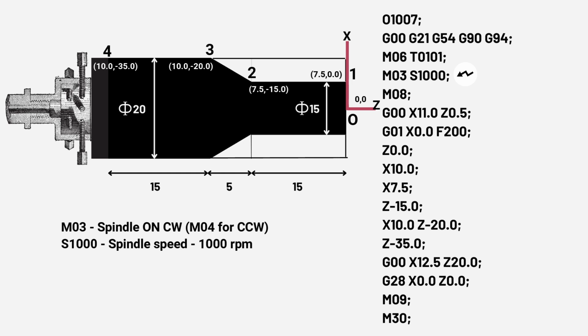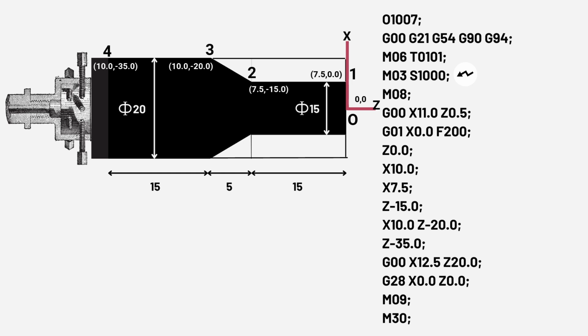For counterclockwise rotation, we shall use the M04 command. S1000 command is used as well to give the spindle a speed of 1000 RPM. Now the machine has been started, so we are required to switch on the coolant as well. For that we use the M08 command.